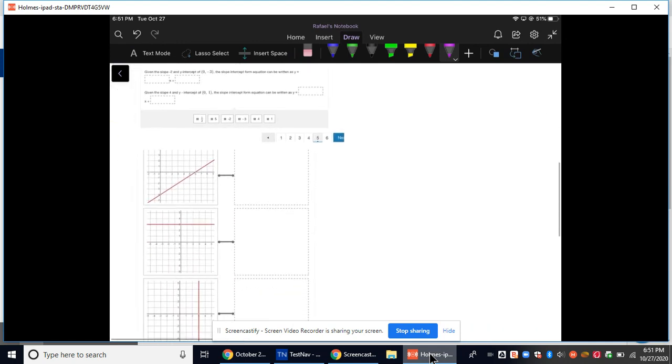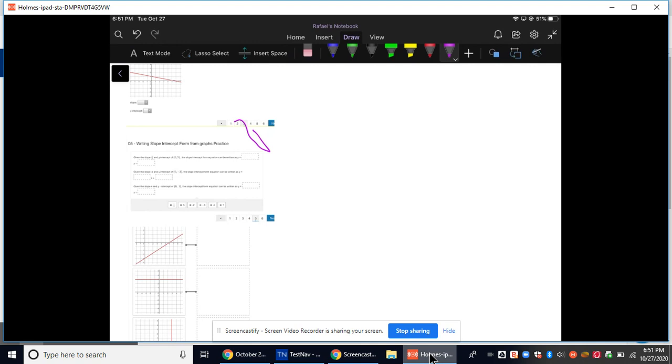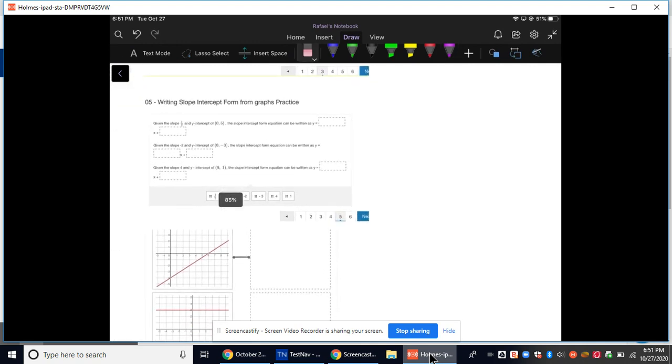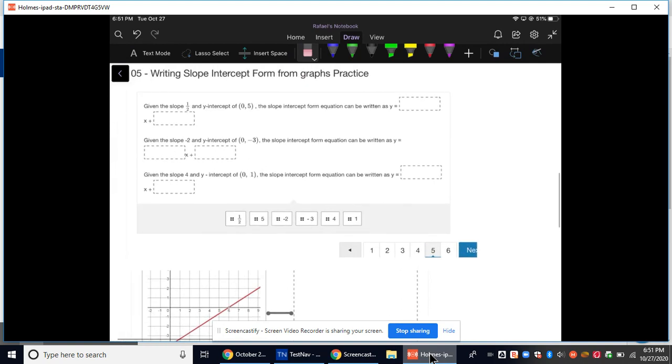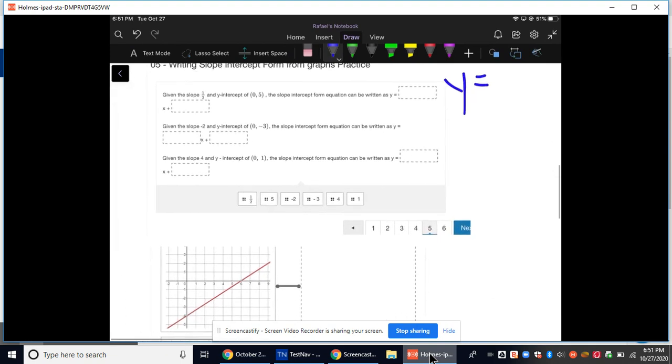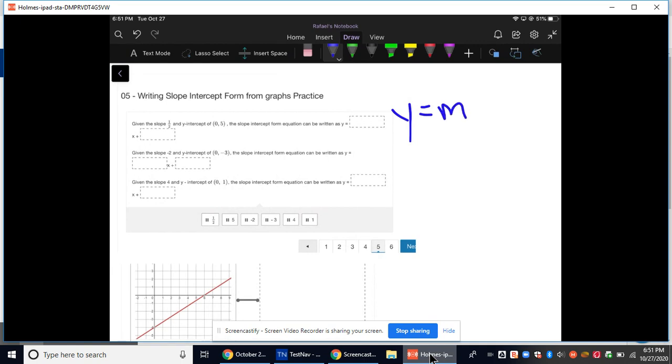Okay, this one right here is writing slope, okay? And you're gonna basically drag the correct answer into the empty box. So right here, I'm gonna write the equation again over here on the side, y equals mx plus b. All right, so if my slope is 1/2, right, which is my m, that means I'm going to have y equals 1/2 x.